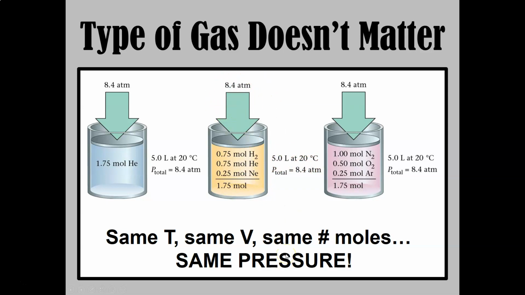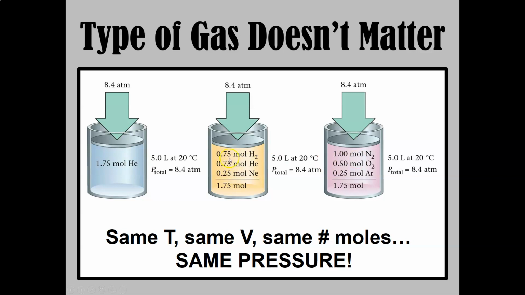exerted. And over here, we have a mole of nitrogen, half a mole of oxygen, 0.25 moles of argon, all different gases, different quantities, but the overall total number of particles is the same. The temperature and the volume are the same. So it won't matter what these gases are.